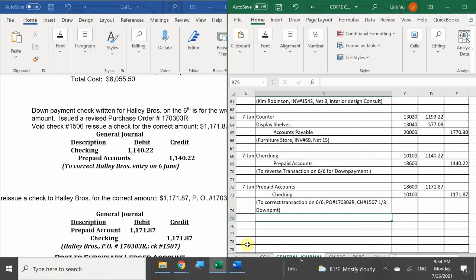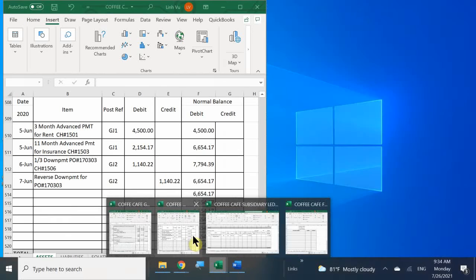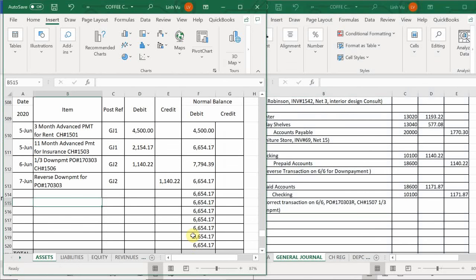All right, so now we must visit back to our ledger because this time we need to enter in the correct amounts. We just left off at the prepaid accounts, which is perfect because that's the account that I need to place that money back into.